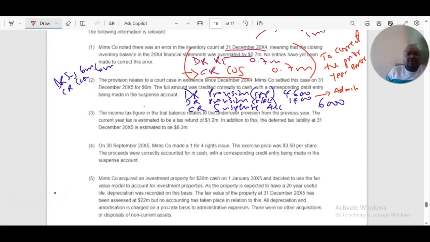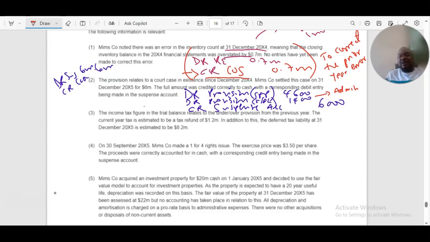Okay. Now, the note goes on to say the income tax figure in the trial balance relates to the under or over provision from the previous year. The current year tax is estimated to be a tax refund. So this year we are expecting a tax refund.